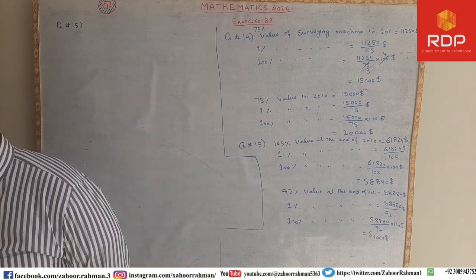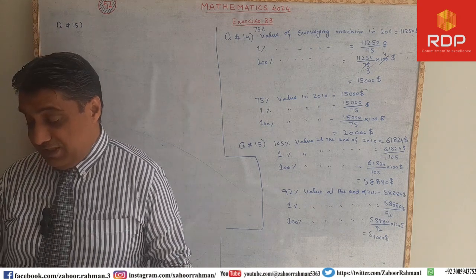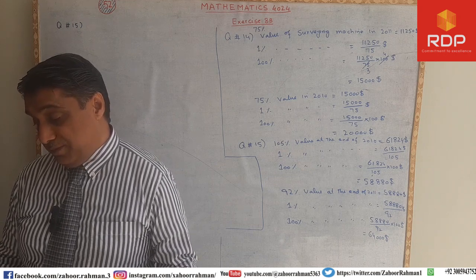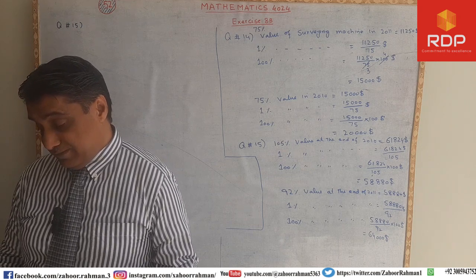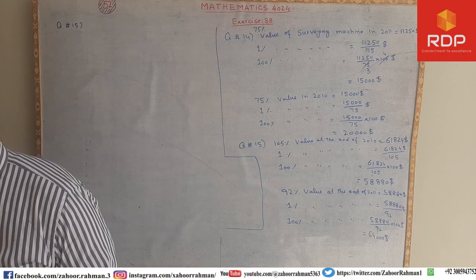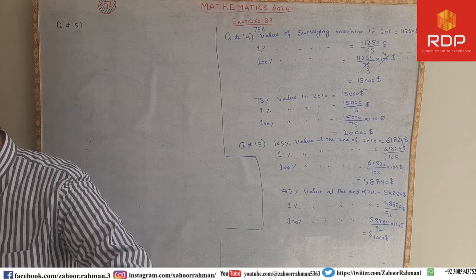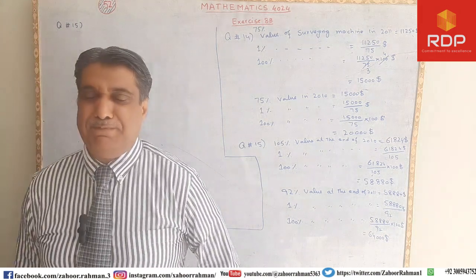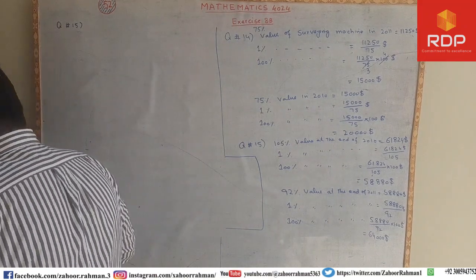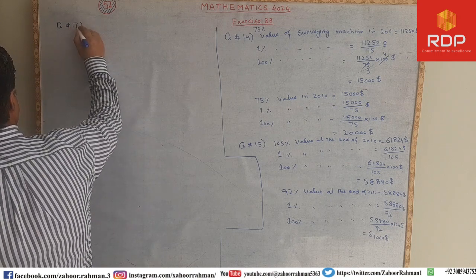And Priya is 10% shorter, so it means a reduction in the height, and we will find 90% of that. Express the height of Amira as a percentage of Priya's. First of all, let us consider that this is question number 16.